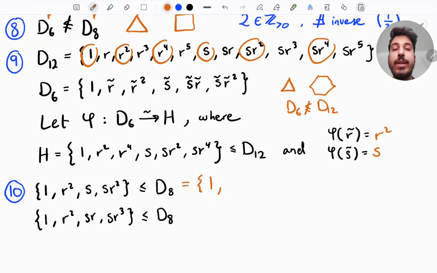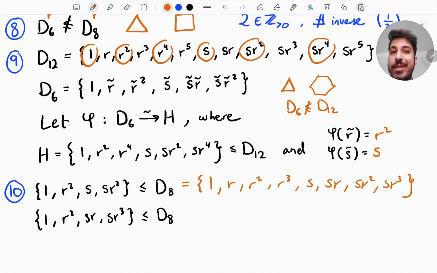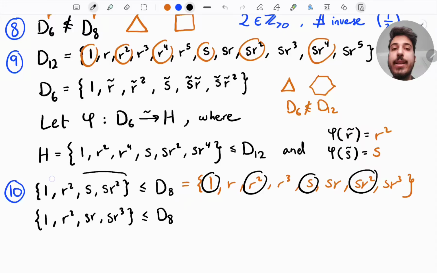So either the identity symmetry, a rotation, a double rotation, a triple rotation, a reflection followed by a rotation, reflection followed by rotation squared, or rotation cubed. These are all the symmetries in D8. So if we choose the elements 1, r squared, s, and sr squared, and put them in a set like this, we find that this subset of D8 is a subgroup.